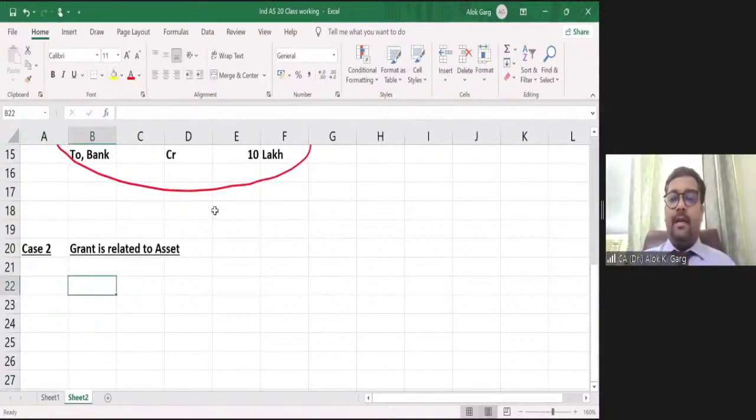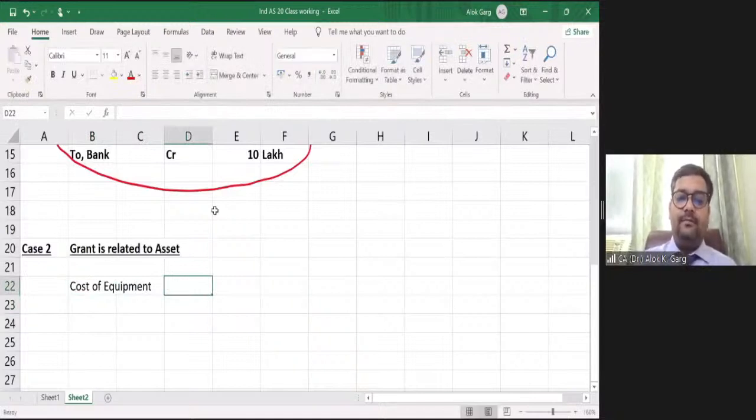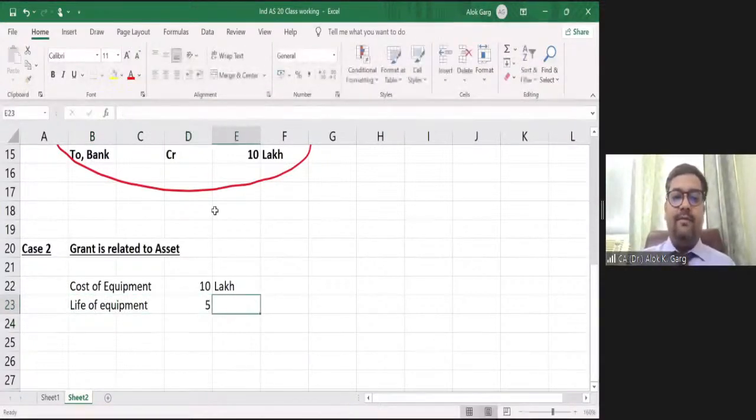Okay, I'll take an example. Cost of machinery, cost of equipment, 10 lakh. Life of the equipment, five years.